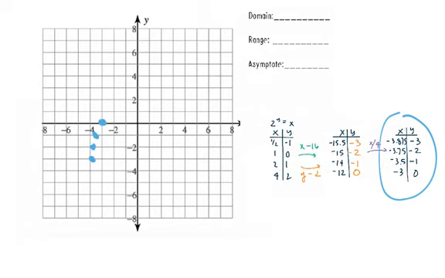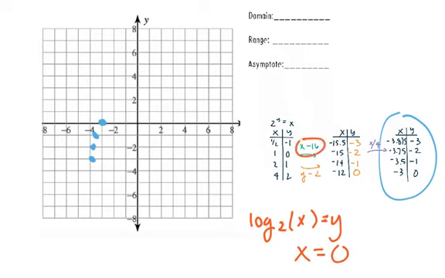Okay? In addition to knowing the general shape, we always want to put the vertical asymptote, or horizontal if it was exponential, in place to give us a guideline of what our curve is going to look like. So remember, with a normal function, if it was just log base b of x equals y, its vertical asymptote would be x equals 0. But look at these transformations we applied to all of the x's.